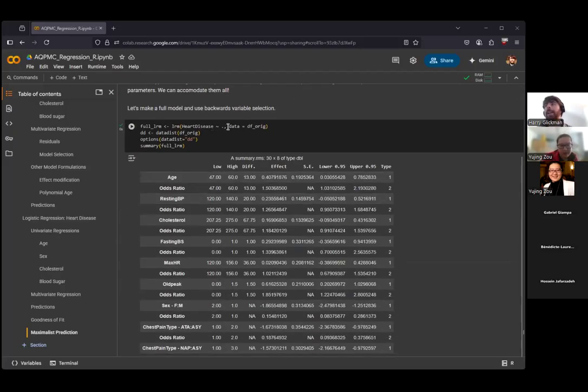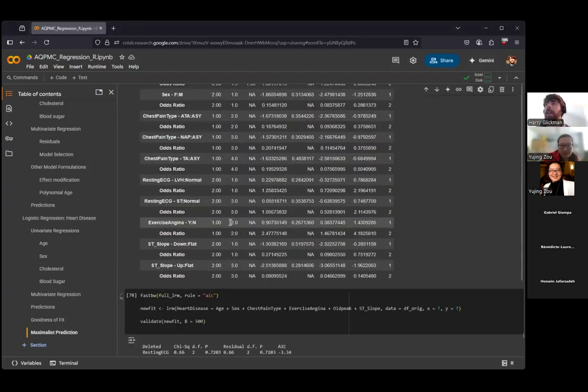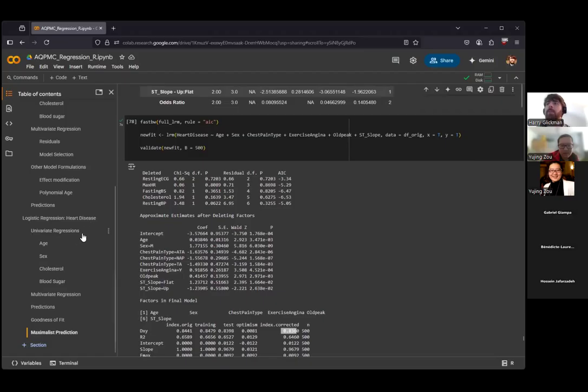So I started with every possible variable in this model, and then I told it to do as we did above, and I showed you the trace above, to go one at a time and figure out which variable should be deleted based on AIC. So it's minimizing AIC.